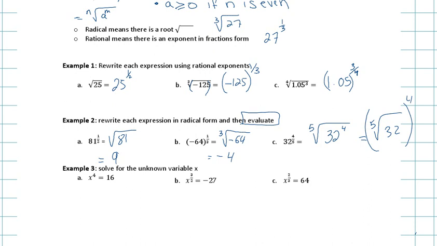If you enter that in the calculator, it should give you 16. Make sure you enter it and check your answer. Make sure that you're getting 16, because knowing how to use a calculator is very important.